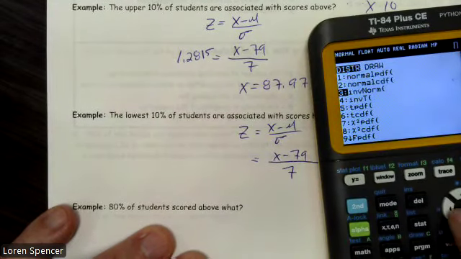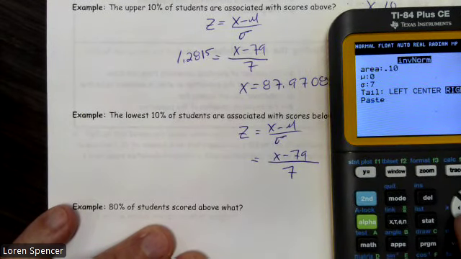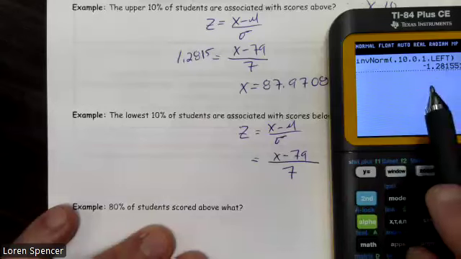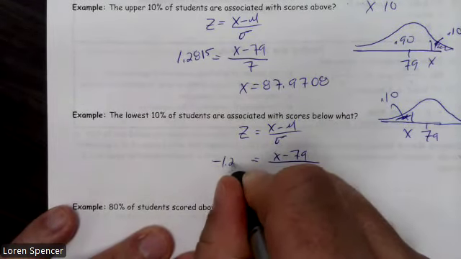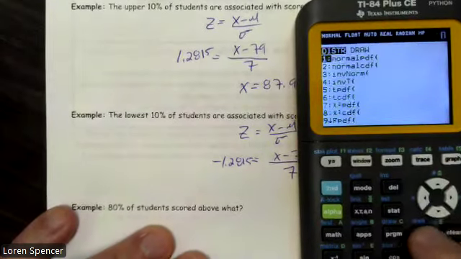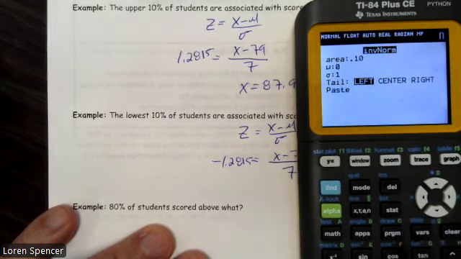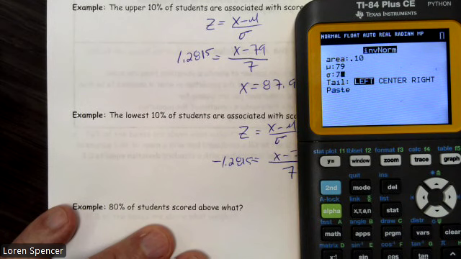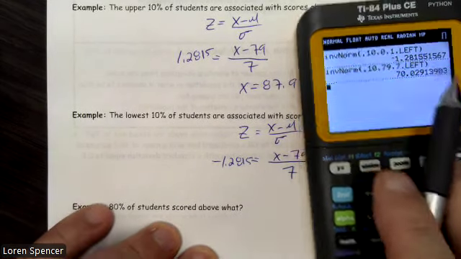Second vars, inverse norm, 0.1, mean is 0, standard deviation of 1. But we're coming from the left, and it's 10%, so I'm at the lower half. So sure enough, I get that negative z-score. And we're going to go back and go second vars, inverse norm, and change that to a 79 and this into a 7. And we get 70.0291.